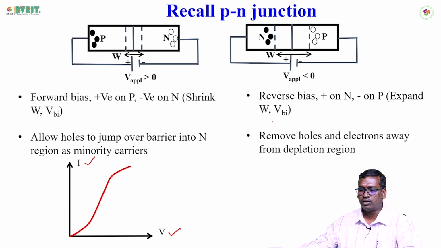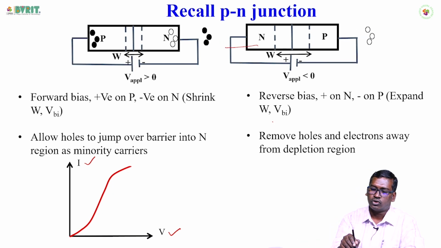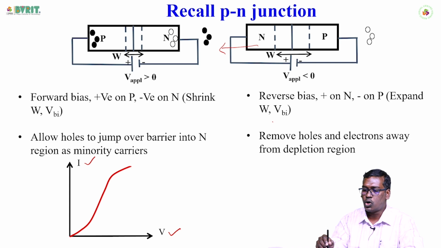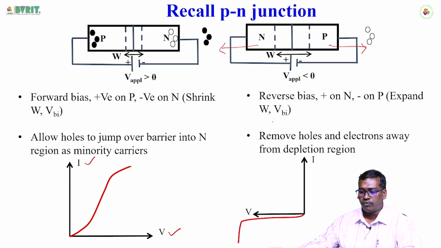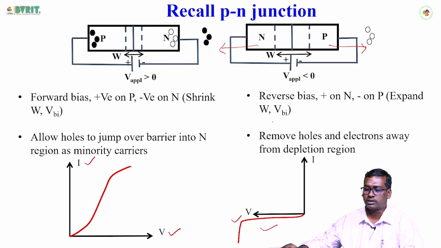You can see how, during reverse bias, the electrons are going away from the barrier and the holes are going away from the barrier. Hence, the depletion width is becoming higher and higher. That's why we got the VI characteristics like this. The reason is that a very negligible current is there initially. After the breakdown of the barrier, a large current flows through the PN junction diode.